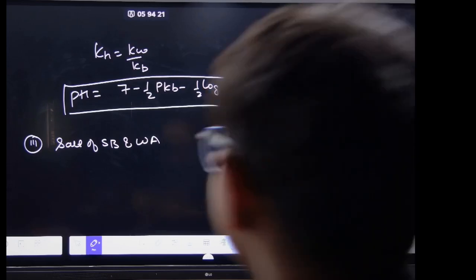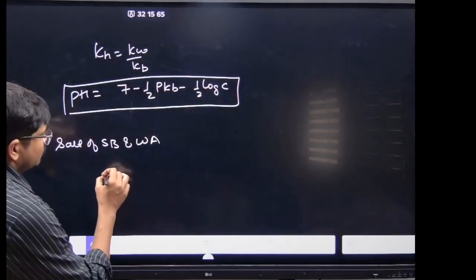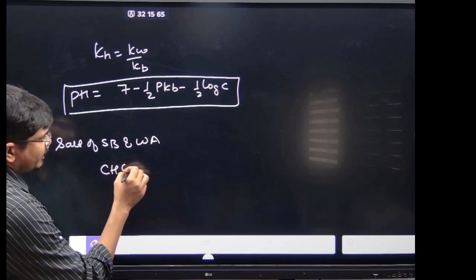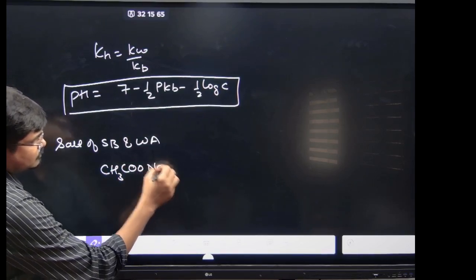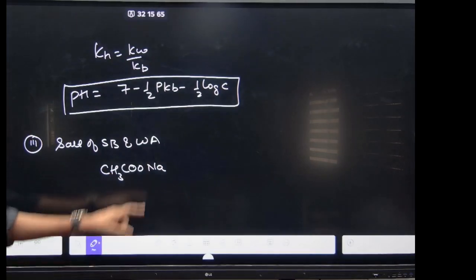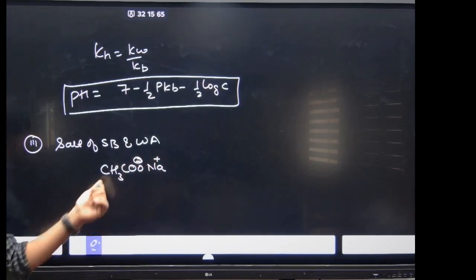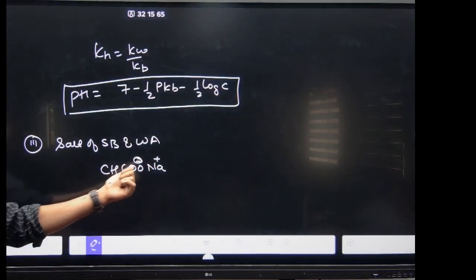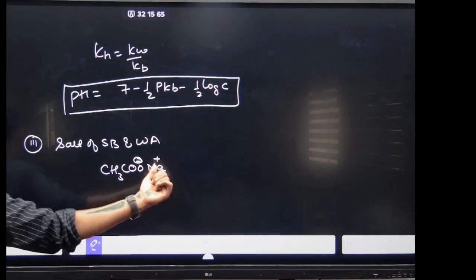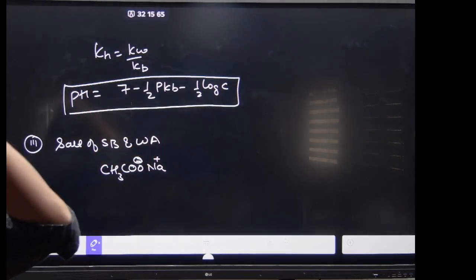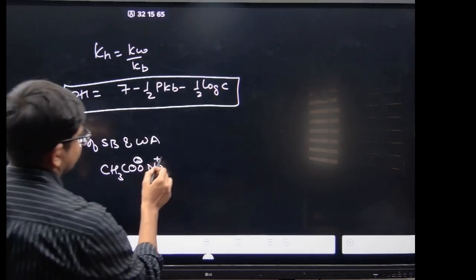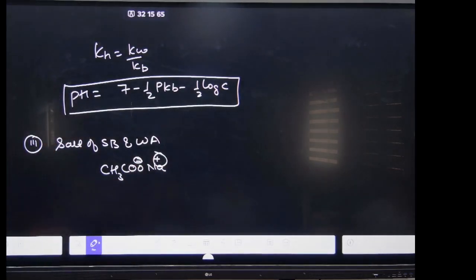देखो मैं बता दे रहा हूँ. You have sodium acetate, right? So see here, this is coming from the weak acid, acetic acid, and this is coming from the strong base, sodium hydroxide. Got it? Now which will undergo hydrolysis? Acetate ion.